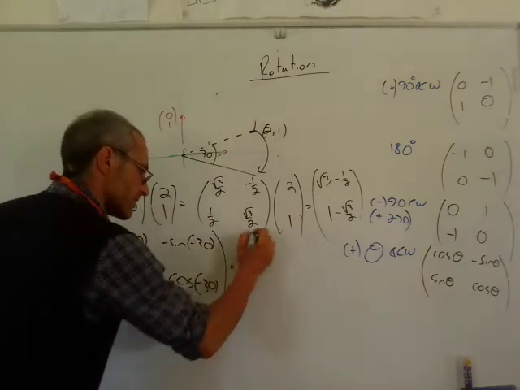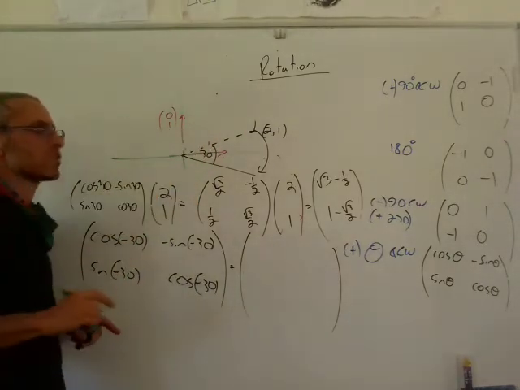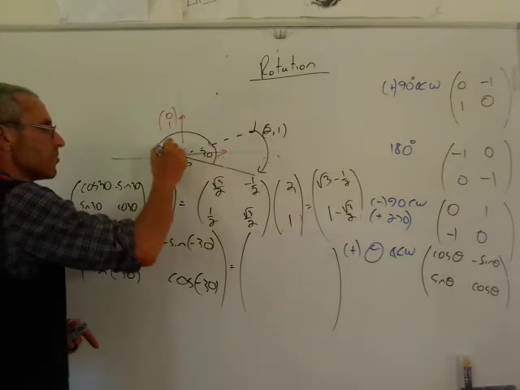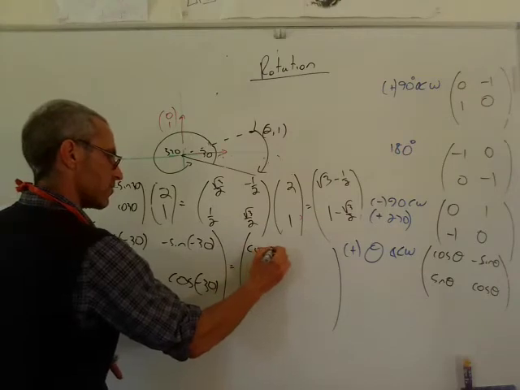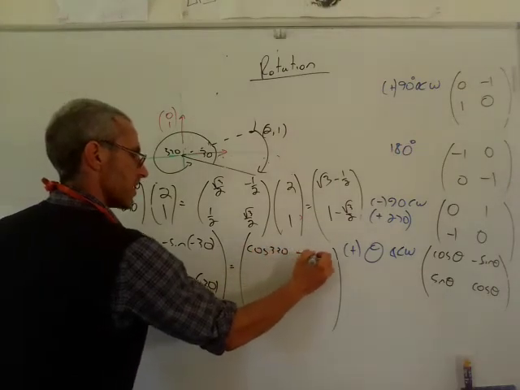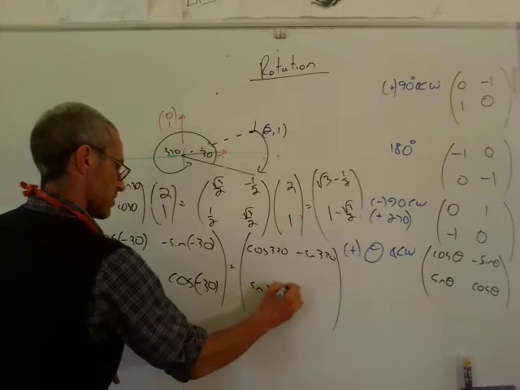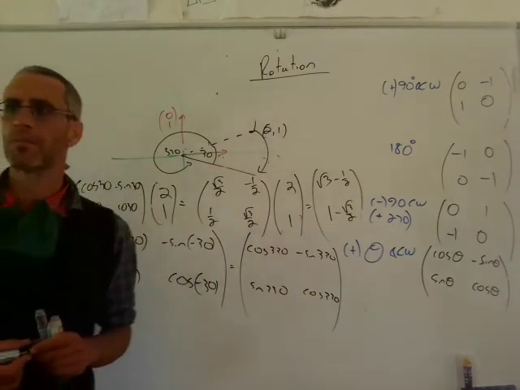Or, like Arne says, you can just do 360 minus 30. That's absolutely fine, because it's the same as moving 330. So you could also write cosine 330, minus sine 330, sine 330, cosine 330. It all works out the same.